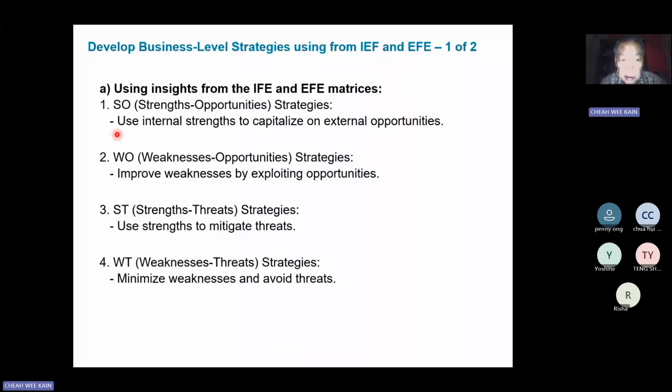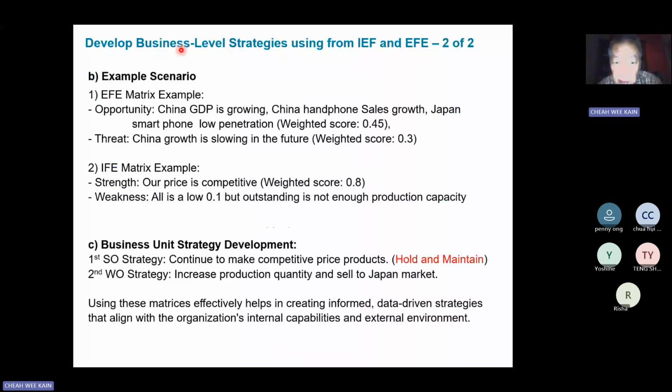So for example, if you look at S and O, opportunity: China is developing. China handphone sales can go growth. Japan smartphone low penetration, so this one was the 4.51. Of course you got trade also, and you expect our price is competitive.